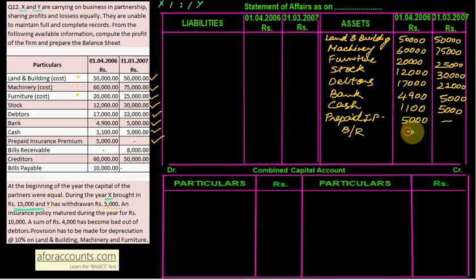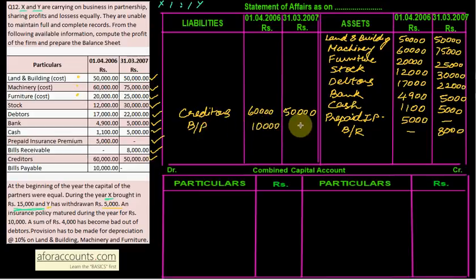So bills receivable nothing here and it is 8,000 for the closing part. Creditors, creditors is my liability, 60,000 and 50,000. Okay, and bills payable, again my liability, 10,000 and nil here. So we are done.